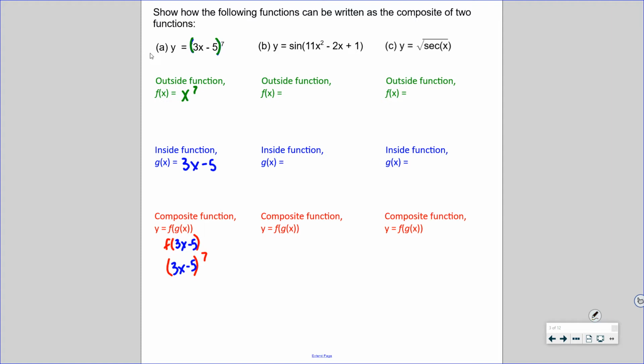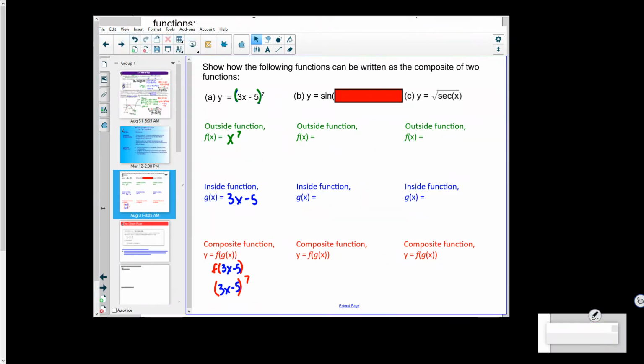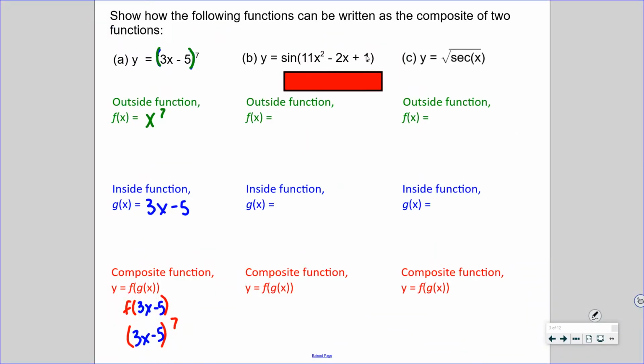Okay. Sometimes when I teach composite functions, like in algebra or pre-calc, I like to use a little box thing like this. You kind of just block part of it out here. So again, inside function is easy to detect because it's usually something underneath the radical or in parentheses. So my inside function here would be that polynomial piece, the 11x squared minus 2x plus 1.